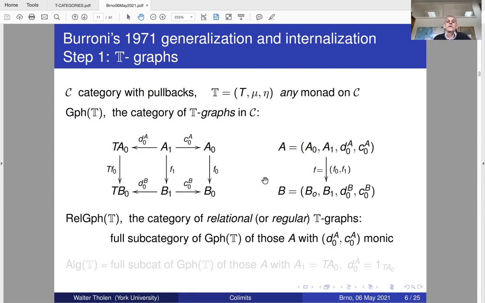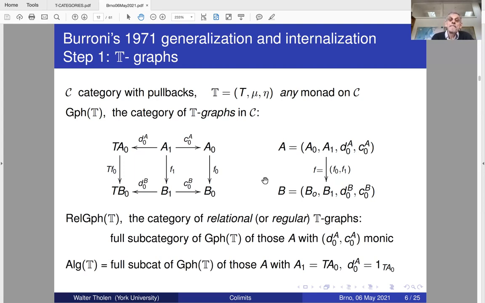You can make the definition tighter by requiring that this pair D, C is monic. What you then get is a full subcategory of what I call relational T-graphs. Burroni called them regular. And you could specify this even further by saying we want A1 to be precisely TA0 and the domain morphism to be an identity morphism.